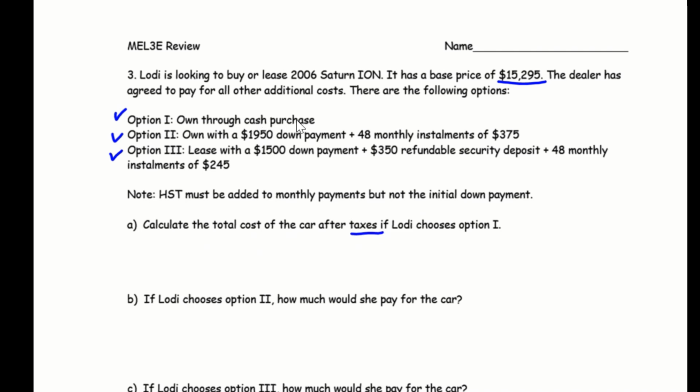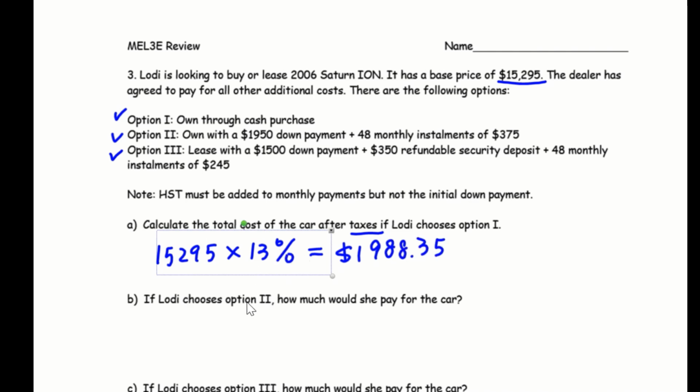If you use option 1, a cash purchase, we are going to use 15,295 times 13% to get the tax. So 15295 times 13% is 13 divided by 100. Then it gives you $1,988.35. So be careful, the price you see on the car is not the final payment you are going to pay.